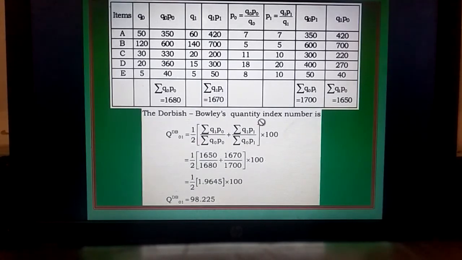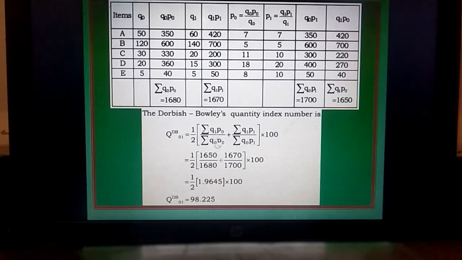Dorbish-Bowley's quantity index number is to be calculated. That formula also we know. Half of Laspeyres and Paasche index number, the arithmetic mean of Laspeyres and Paasche quantity index numbers. Accordingly, the formula has been written. Calculate what is required, all the calculations will be ready anyhow.